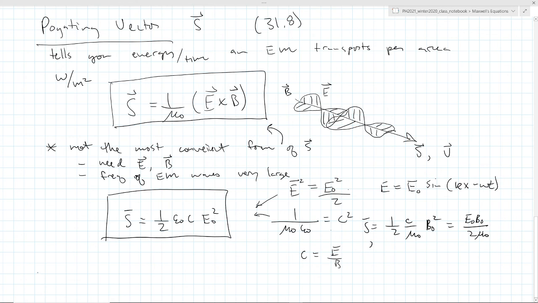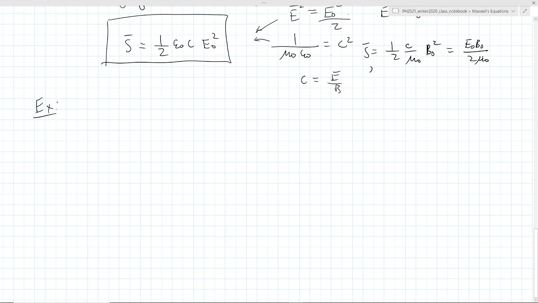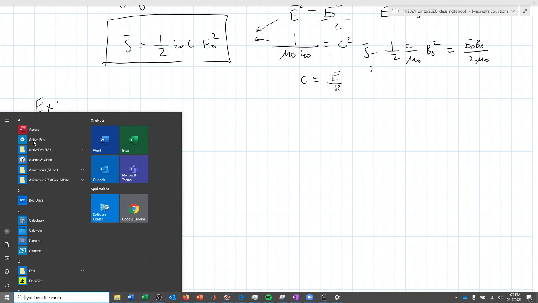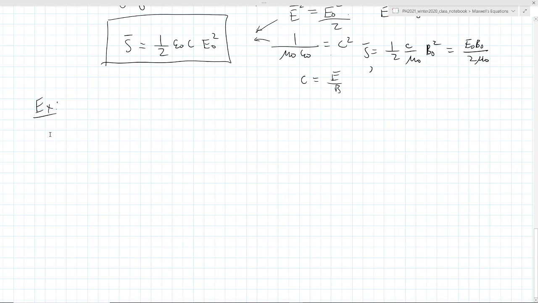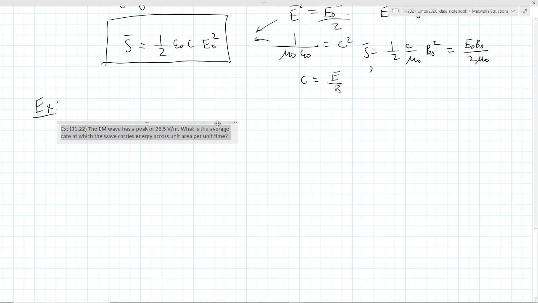Okay, so let's look at a quick example of this so that you can see a calculation. So let me paste in here an example question. Just a book question.